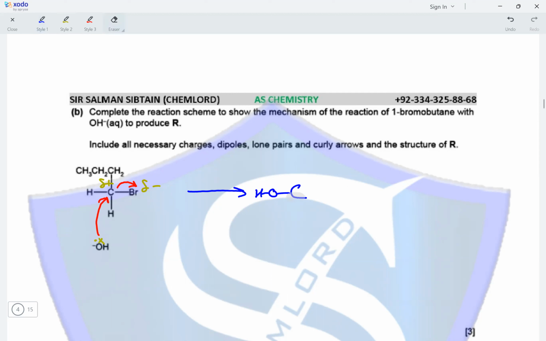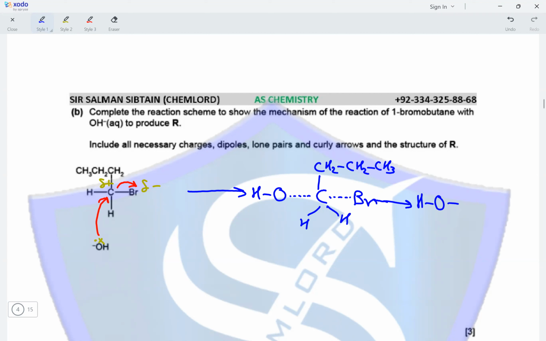In fact, we can also show an intermediate in which the bond between the OH and the carbon atom is incomplete, and the bond between the carbon and the bromine atom breaking is also incomplete. So we have two hydrogen atoms attached to this carbon atom and an R group, which is CH2, CH2, and CH3. This is the intermediate. And once the bond forming and bond breaking is complete, the OH group is now completely bonded to the carbon atom to which the Br was attached.